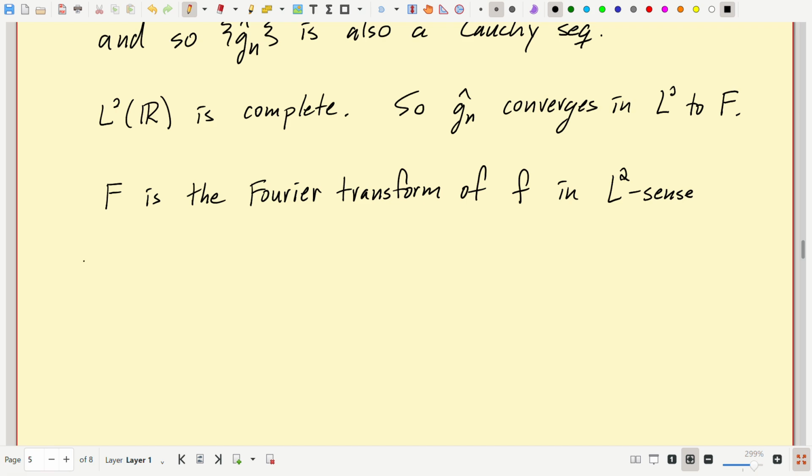I didn't show it, but if I took two such sequences, it'd be easy to show that they had to converge to the same thing. So you can show F hat is uniquely determined by this construction.